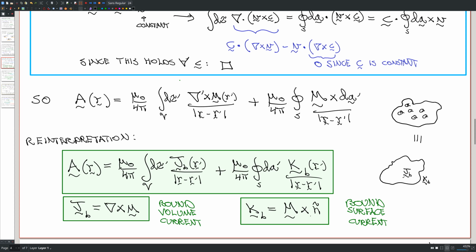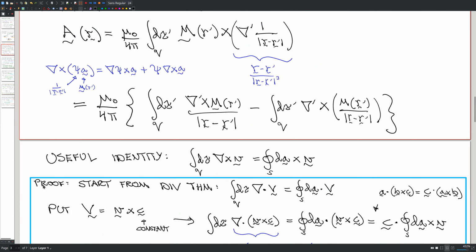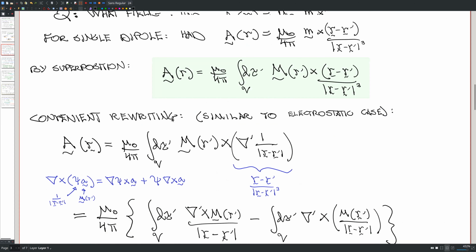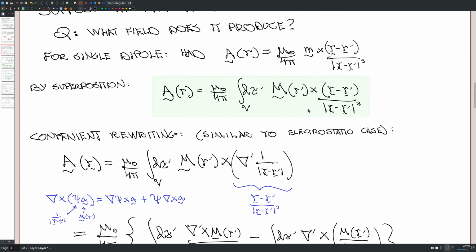So this is just a handy rewriting that very often becomes useful when you've got situations where you do happen to know something about the value of the magnetization and you want to simplify your calculations of the magnetic field coming out of it. But I emphasize this expression here in terms of bound volume and surface currents is absolutely mathematically identical to the original equation that we had of the vector potential given as the volume integral of the magnetization crossed into the 1/r².